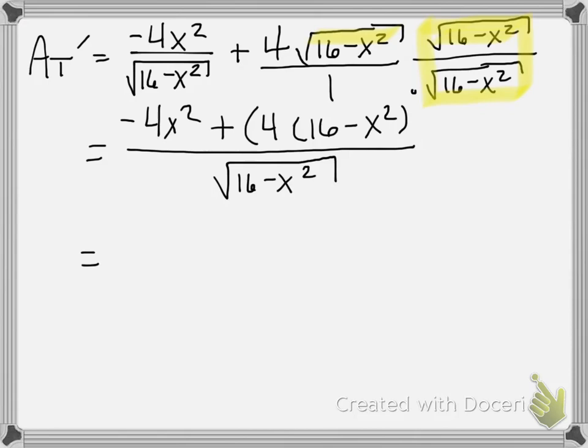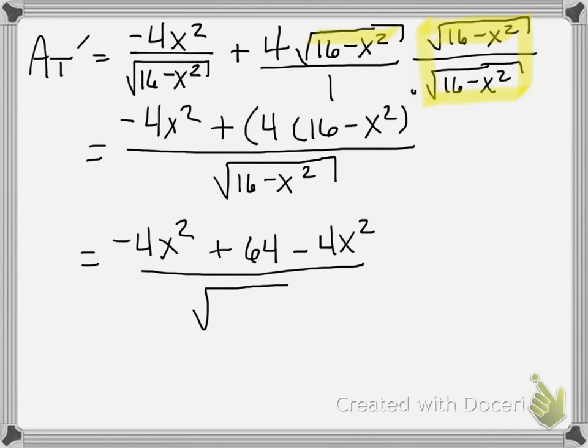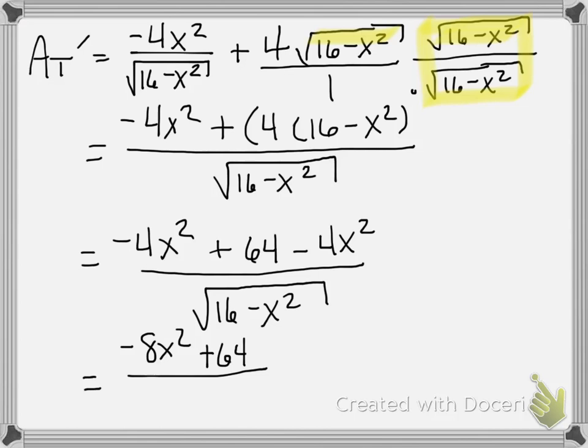So we can clean that up a little bit. Negative 4x squared plus 4 times 16 is going to be 64 minus 4x squared over the square root of 16 minus x squared, and that will clean up to negative 8x squared plus 64 over the square root of 16 minus x squared.